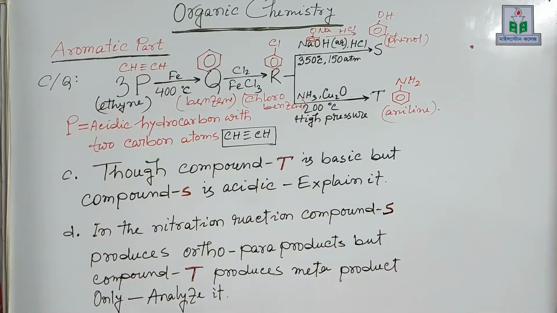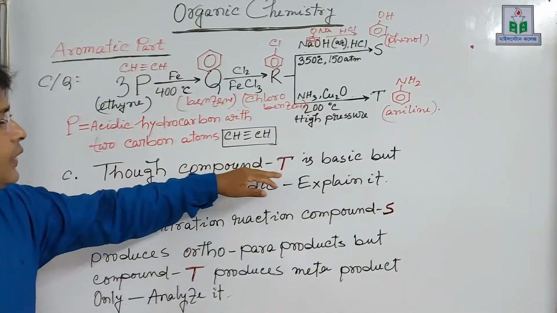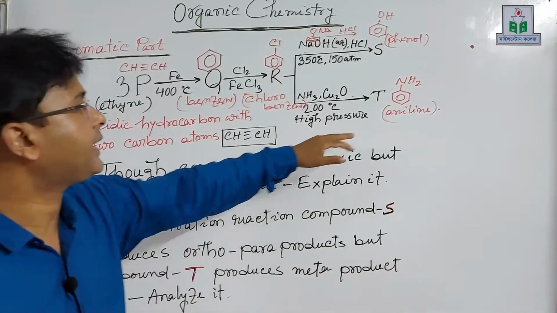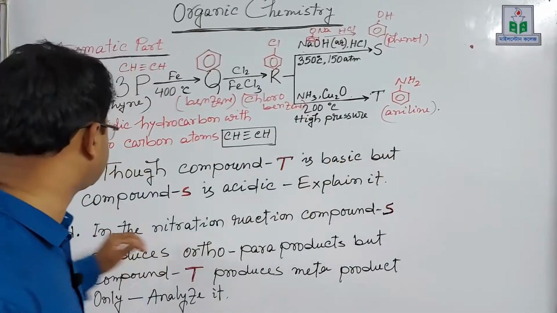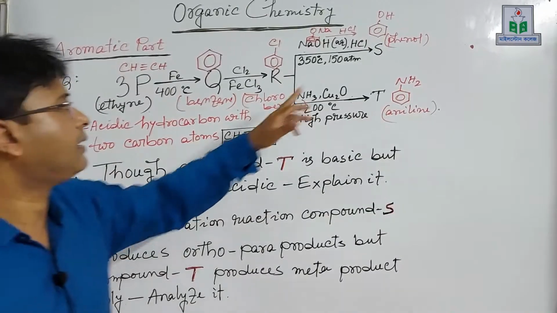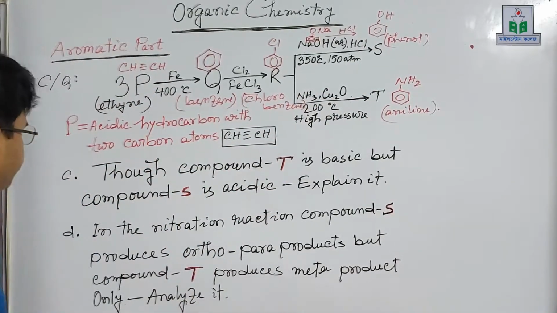Okay, on the basis of this stem, the questions are as follows. Though compound T, aniline, is basic in nature, compound S, phenol, is acidic. Explain it.